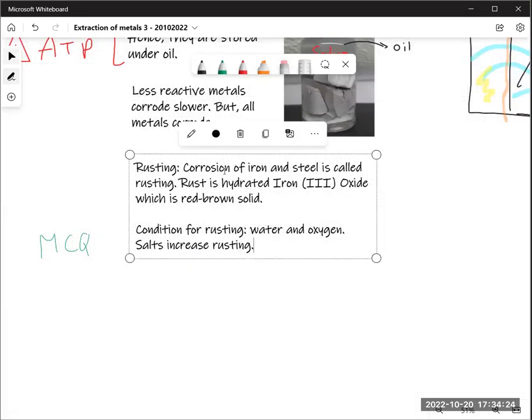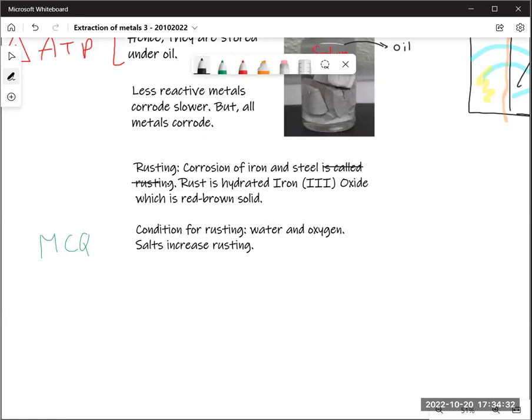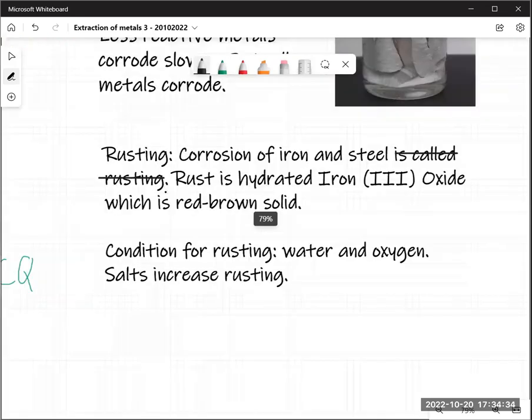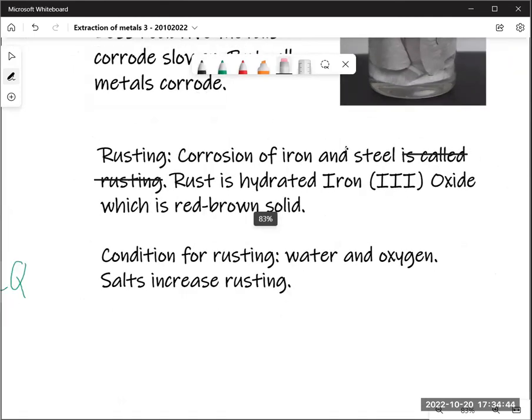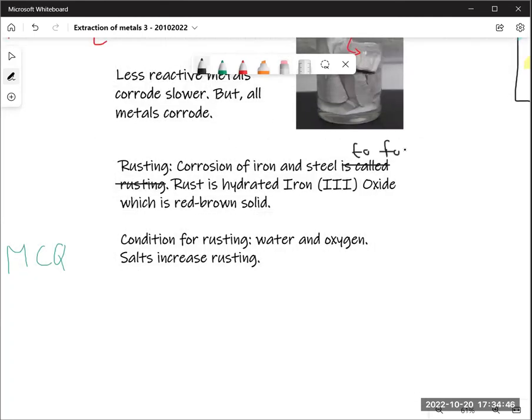In rusting, you wrote corrosion of iron and steel is called rusting. Remove the part 'is called rusting' and write 'to form rust' in its place.